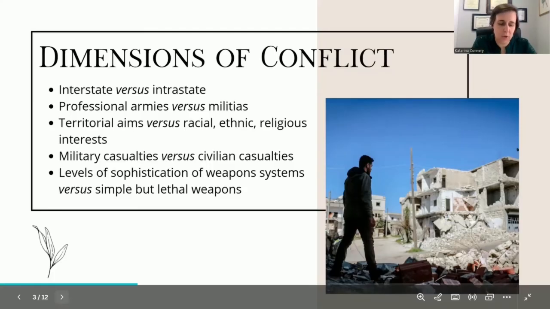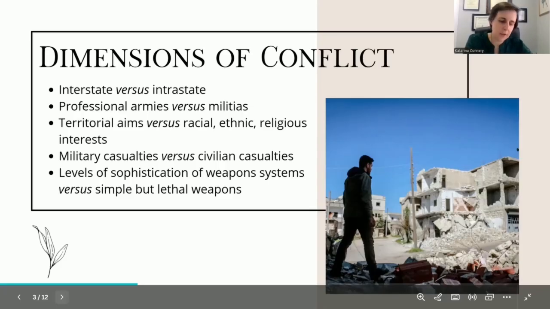Intrastate usually involves a central government and various guerrilla or paramilitary groups, militias, that are fighting against the ruling powers. More and more in the 21st century, conflicts have been intrastate, and there are fewer interstate conflicts, barring, of course, some current ones ongoing right now between Russia and Ukraine, and ongoing conflicts in the Middle East, and potentially others.